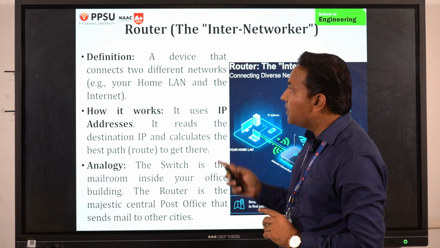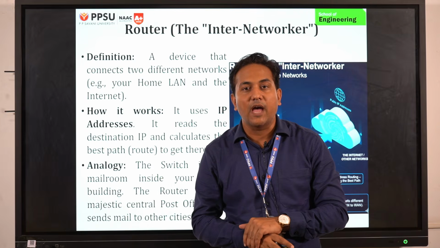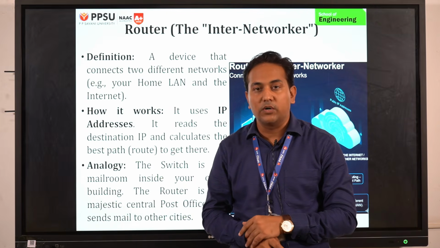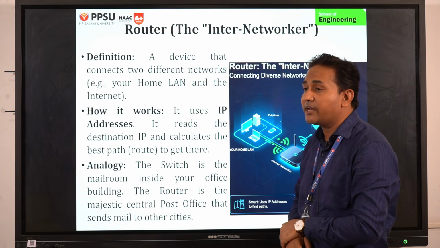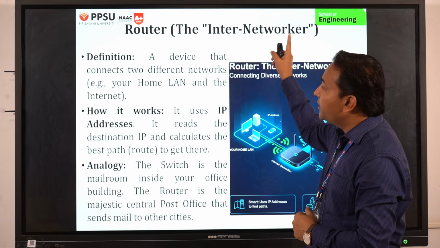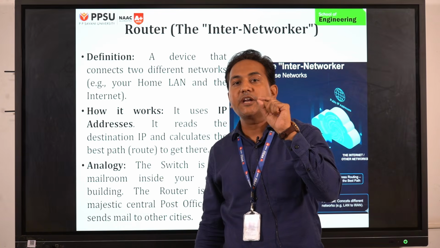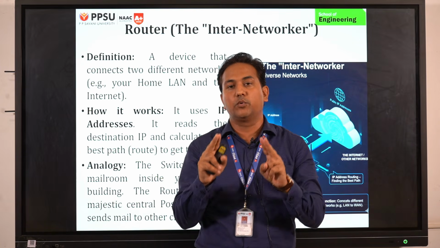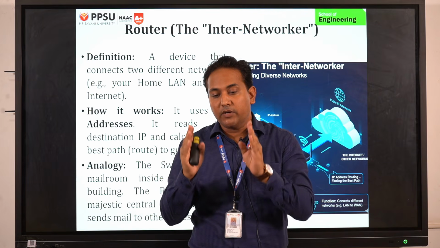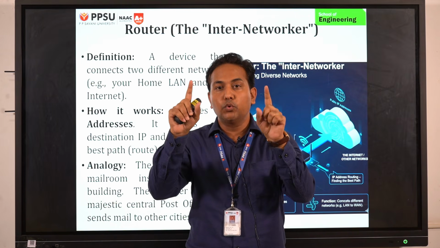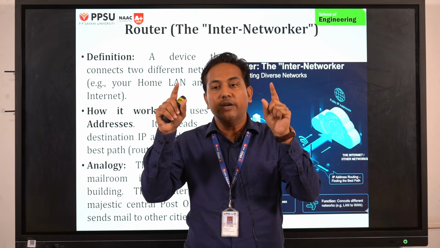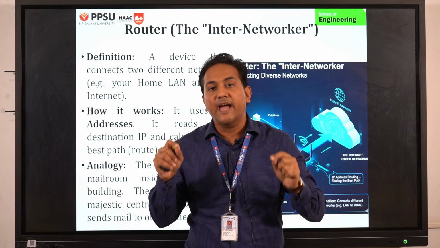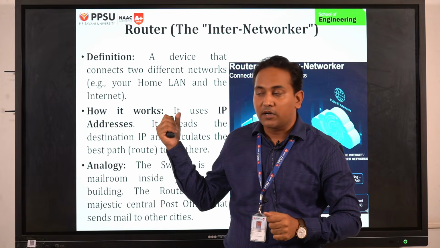Now here comes the very popular device that we have in all our households, that is the router, right. A router is an internetworker, which means we are now connecting two different networks. This is very important. When you connect two different local area networks, or simply two different networks, in that case you need a router.